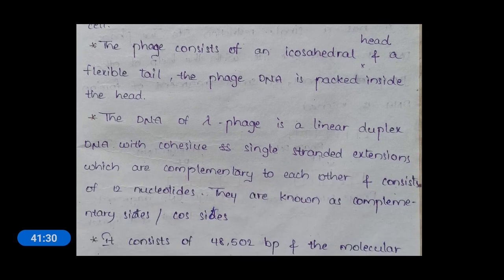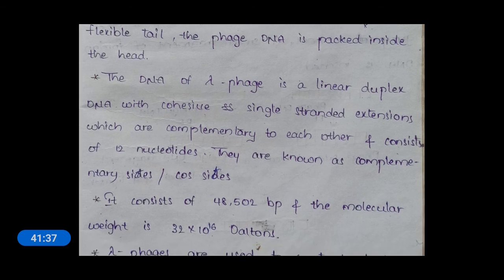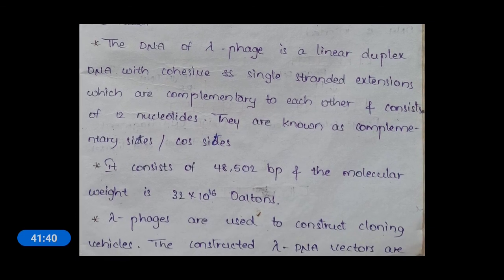One of the best examples is lambda phage. These lambda phage vectors consist of cohesive ends after treatment with restriction endonucleases, and these produce cohesive ends with single stranded extensions of around 12 nucleotides, which we call the complementary site or cos site.